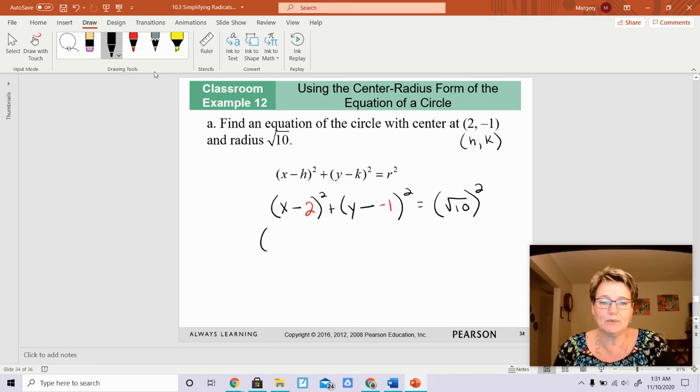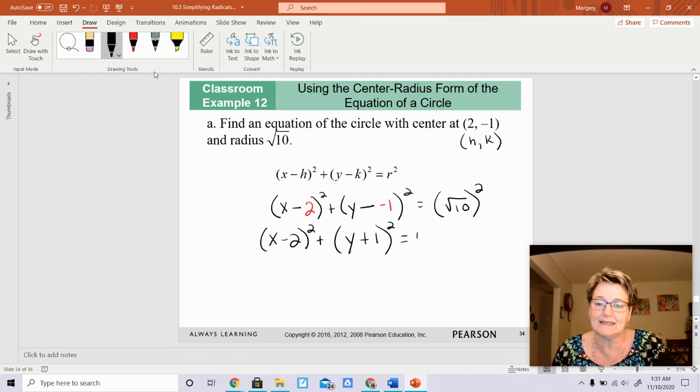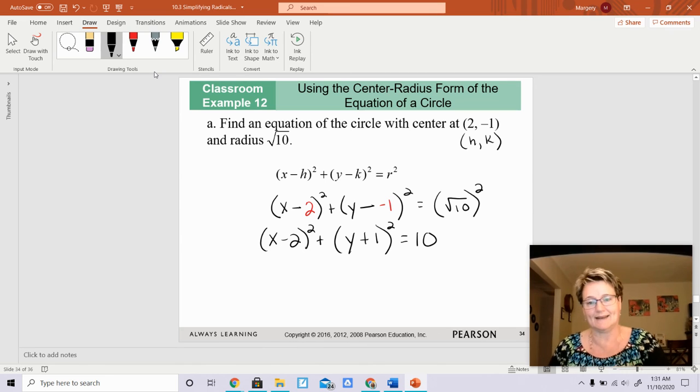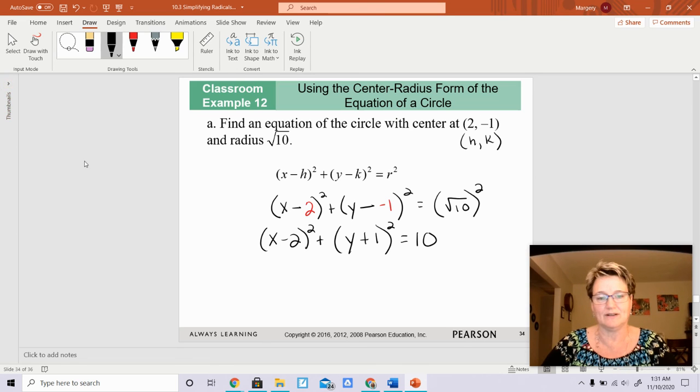So you're going to end up with (x minus 2) squared plus (y plus 1) squared, because a negative times a negative is a positive, equals 10, since the square root of 10 squared is 10. Because the square root of 10 times the square root of 10 is the square root of 100, and the square root of 100 is 10. And that's the equation of a circle.